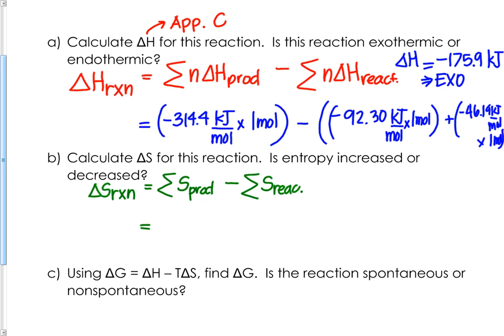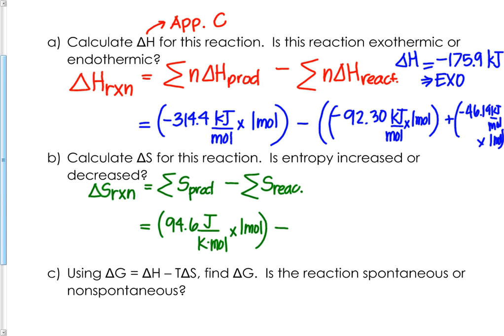So using Appendix C data, you should look up ammonium chloride. It should be 94.6. Now remember with this, the label is joules per Kelvin mole, and we have 1 mole of it.